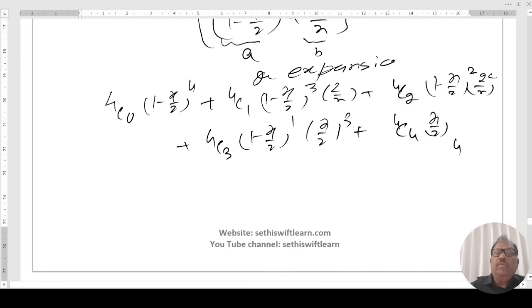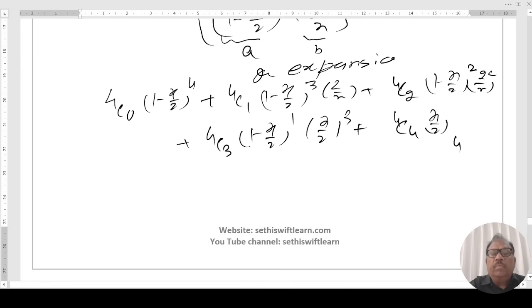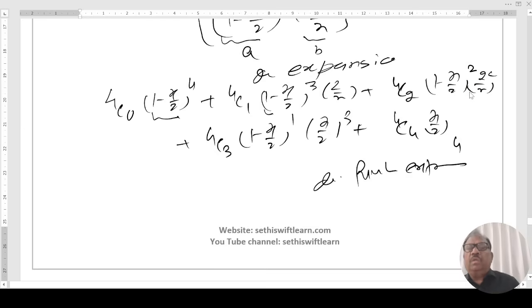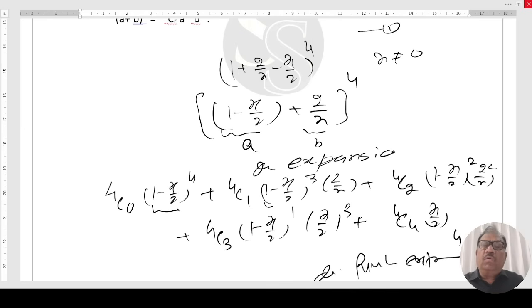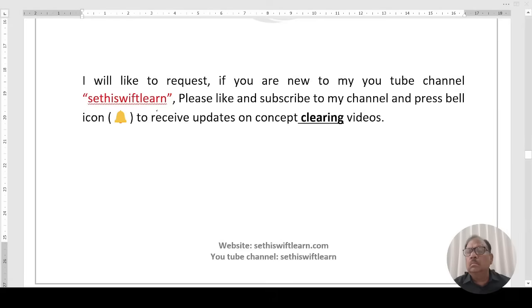These are the 5 terms: 1 term, 2 term, 3 term. On further expanding, using the binomial theorem we get 5 terms, we expand and solve them, and on simplification we'll get the final answer. In this case, I have given the concept of how to solve it. Calculation is pending. You can do it very well, right?